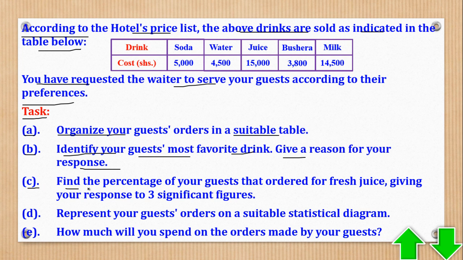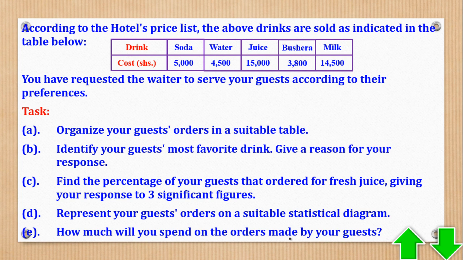Task C, find the percentage of your guests that ordered for fresh juice, giving your response to 3 significant figures. Task D, represent your guests' orders on a suitable statistical diagram. Task E, how much will you spend on the orders made by your guests?